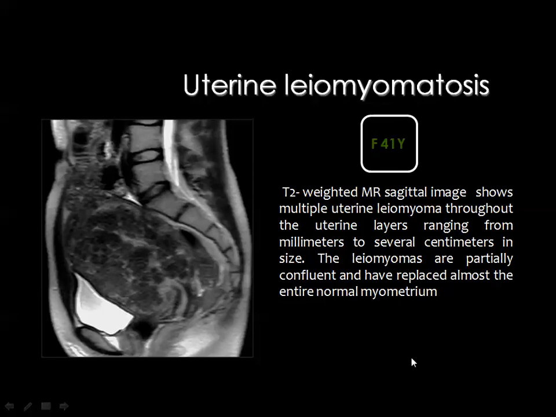Then sometimes you got too many uterine fibroids involving most of the uterus, which will appear like this. There are numerous uterine fibroids within the cavity and within the wall. We call this uterine leiomyomatosis.